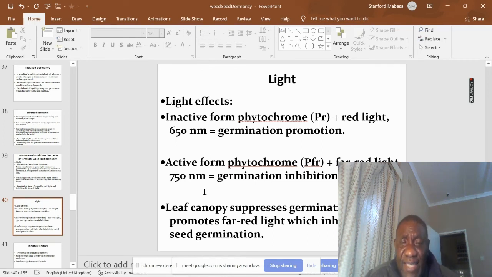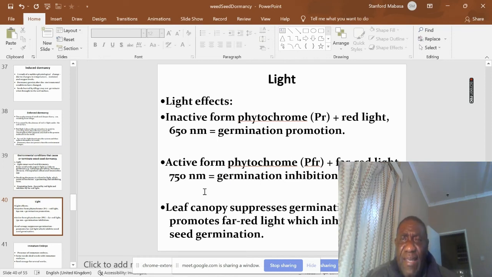Now, using this principle, we can actually control weeds easily. For example, if we have fast growing plants which can form leaf canopy and alter the light, promoting far red light, this can inhibit weed seed germination.